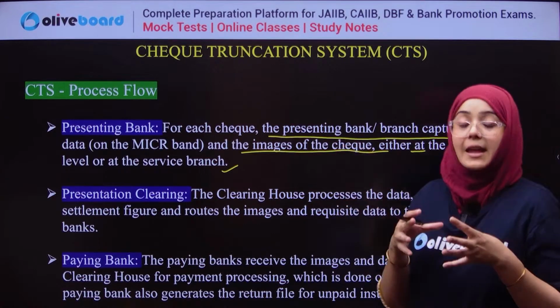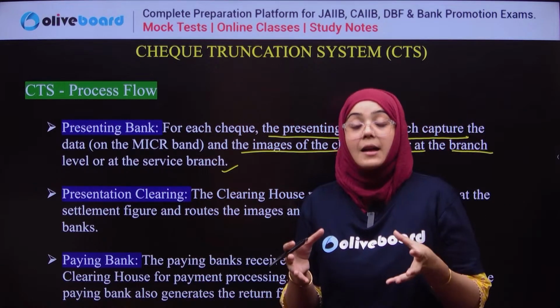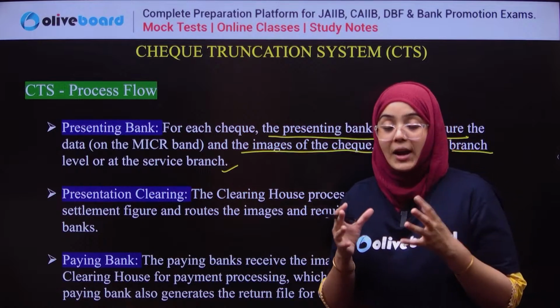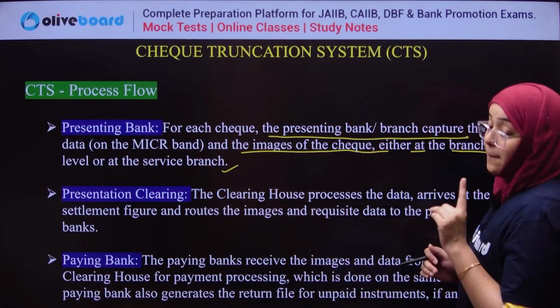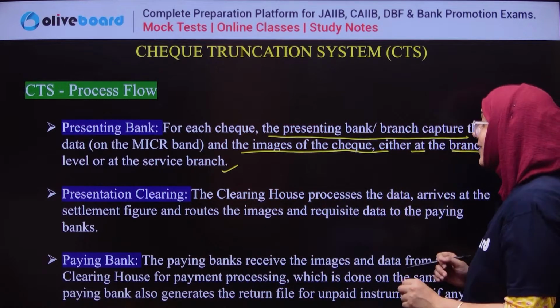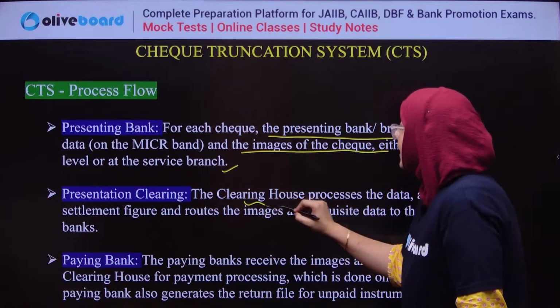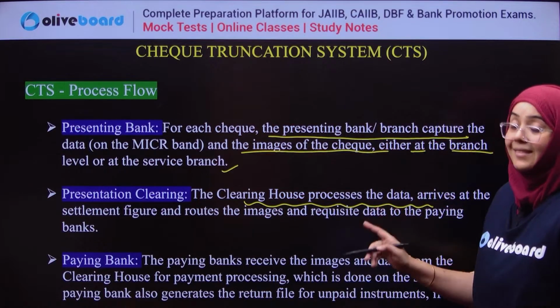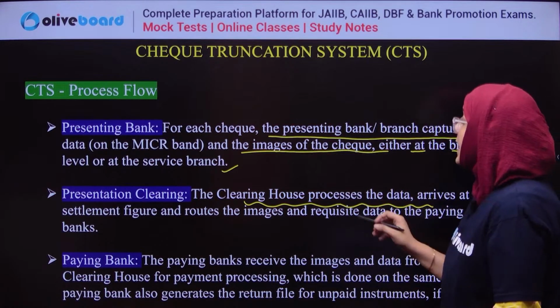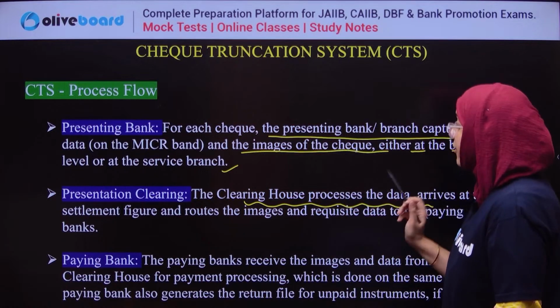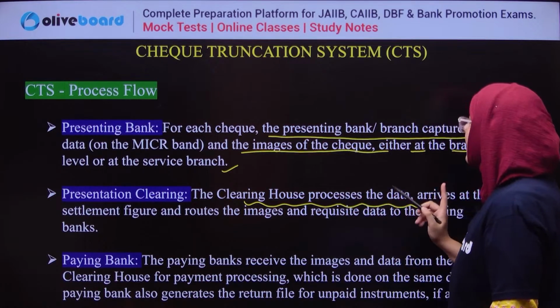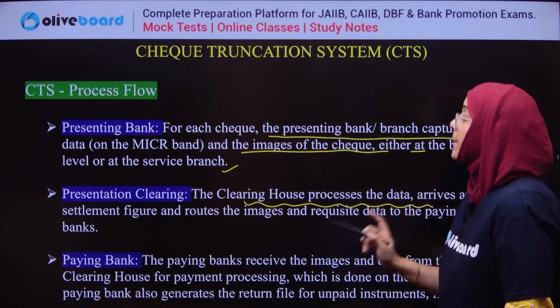After they scan the image of the check, the next process is presentation clearing. It means now there is a clearing house which processes that whole data and arrives at a settlement figure and routes the image and requisite data to the paying bank.